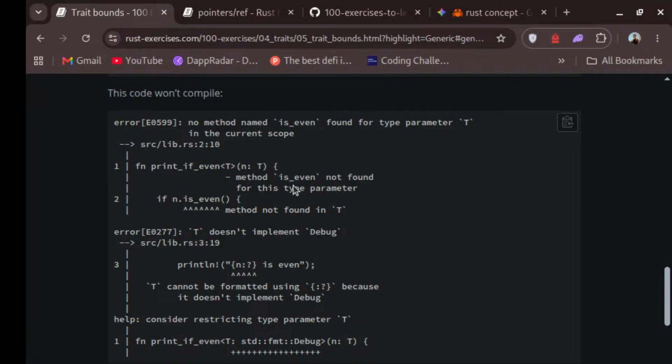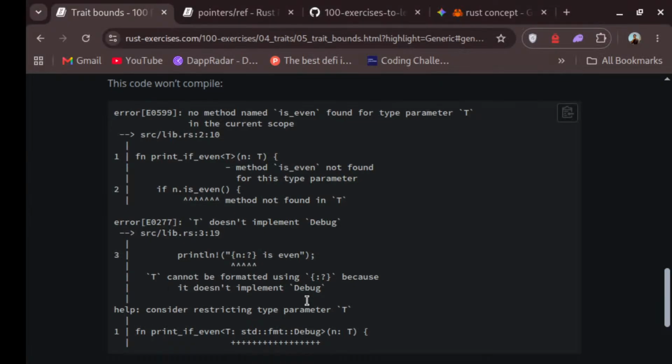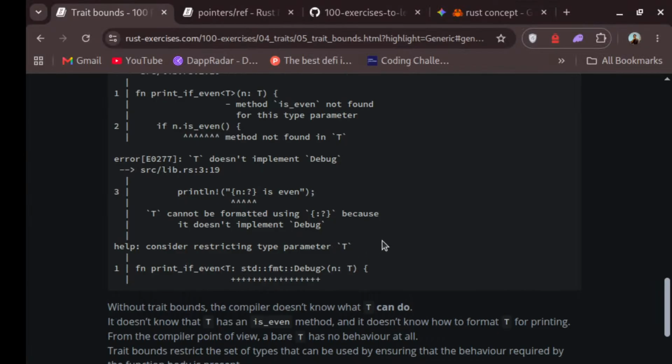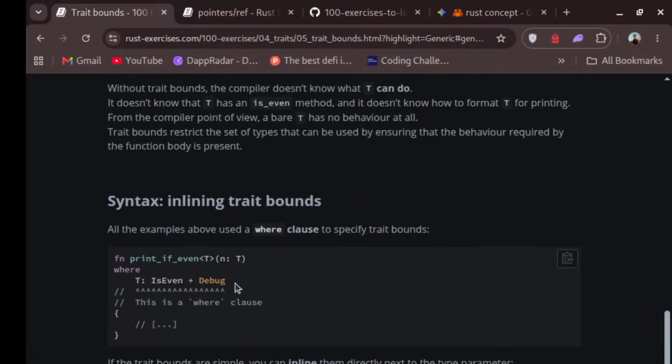That's why we use this IsEven plus Debug. And consider restricting type parameter T in print_if_even. We can use a where clause, or we can use this inline trait bound.